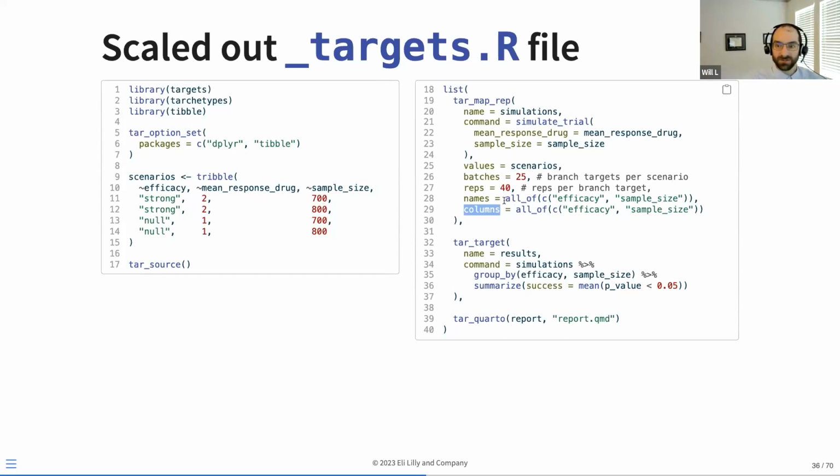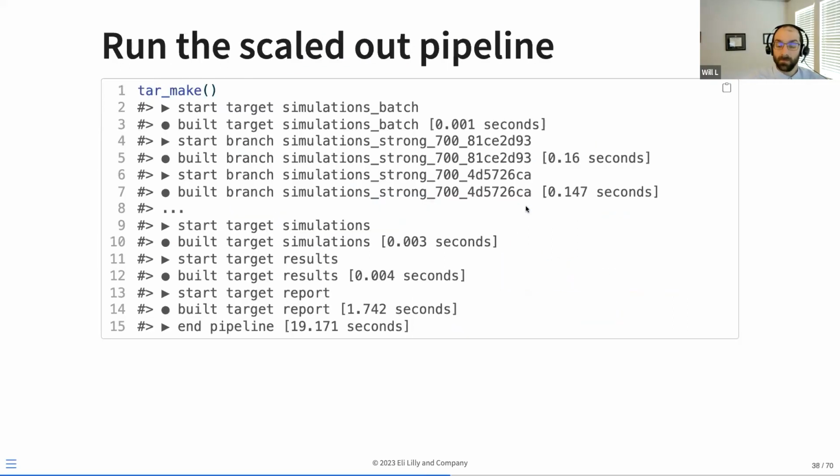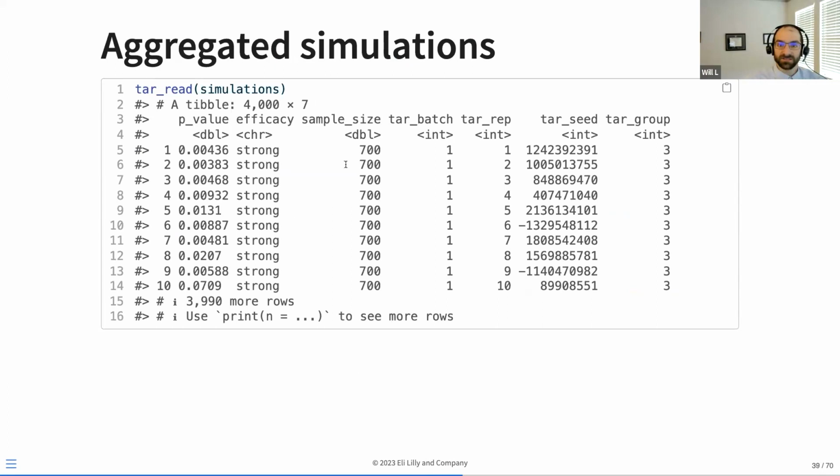But you can select those with this nice tidy select syntax, like I've done here with the all_of selectors. You can also choose to completely omit these, and that'll just create inscrutable hash suffixes for the target names, and it'll omit this metadata here. But it is quite useful to have.